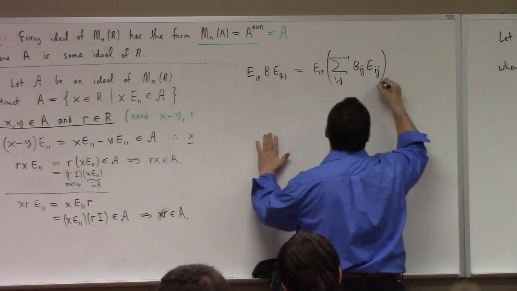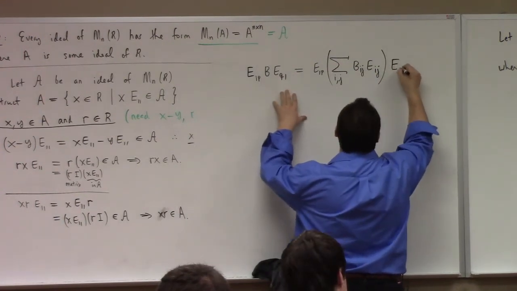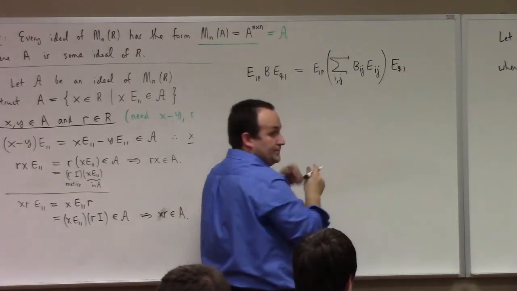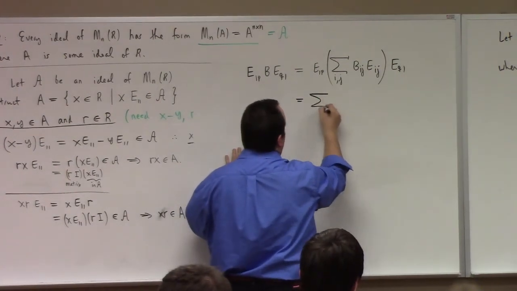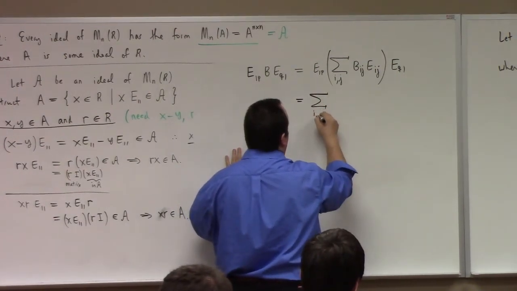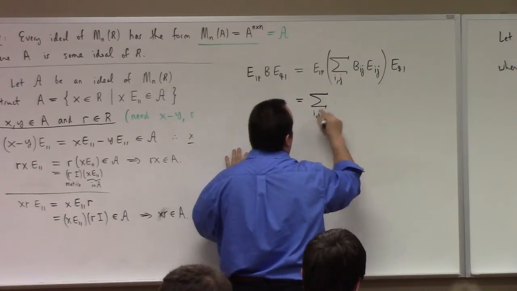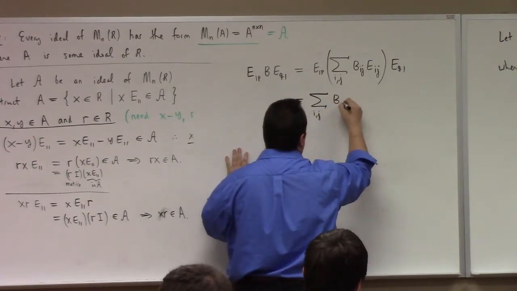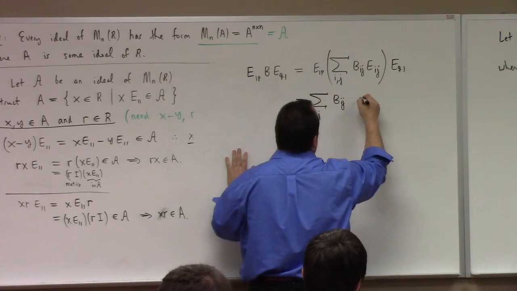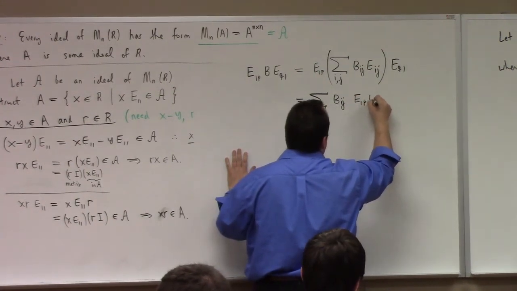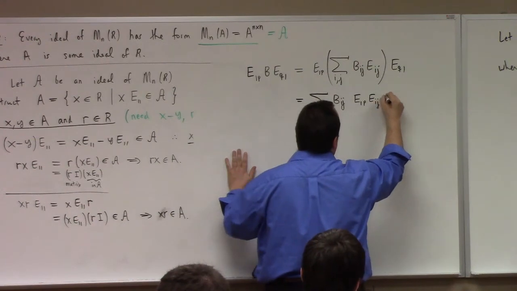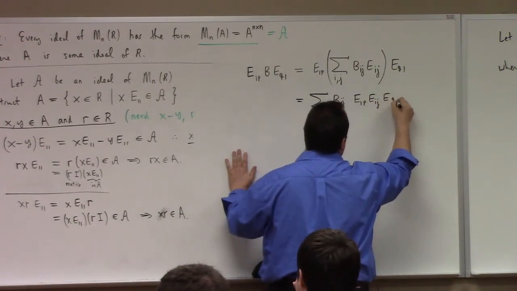I take that and multiply over here by E_Q1. Then all I have to do is use properties of matrix multiplication and sums and so forth. So this is going to be the sum over ij, and I can pull the b_ij out front to get it out of the way. And then what I've got is E_1P, E_ij, E_Q1.